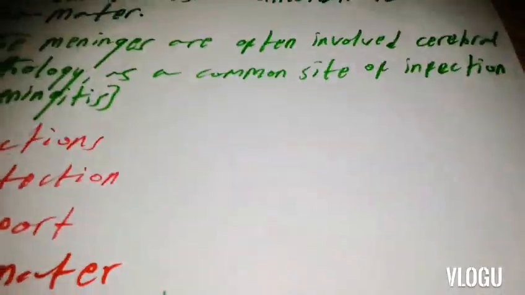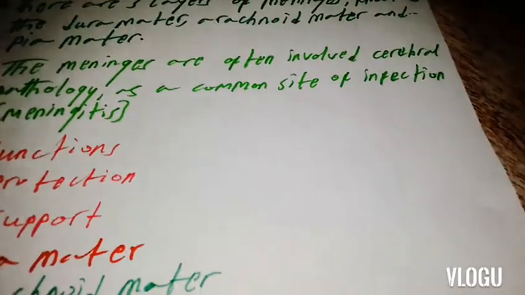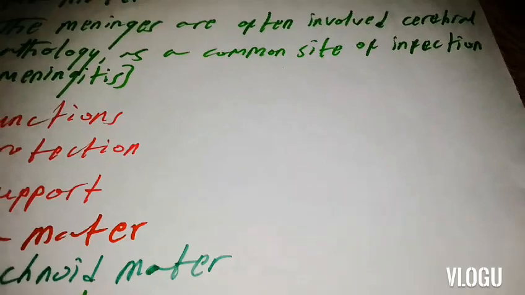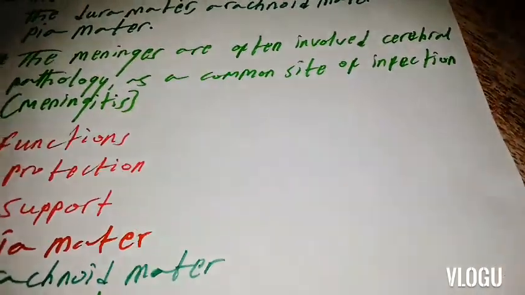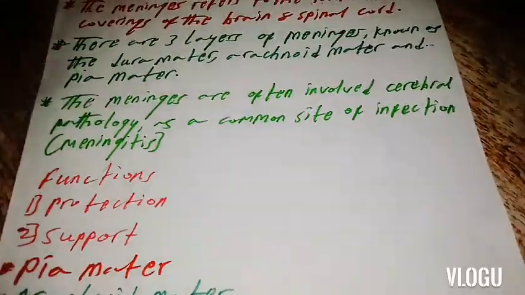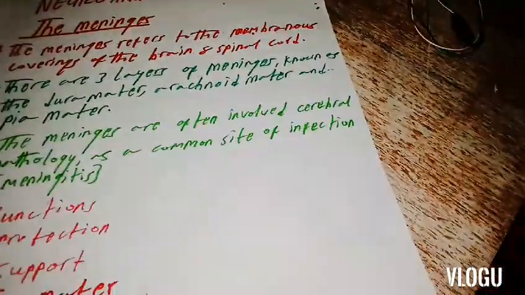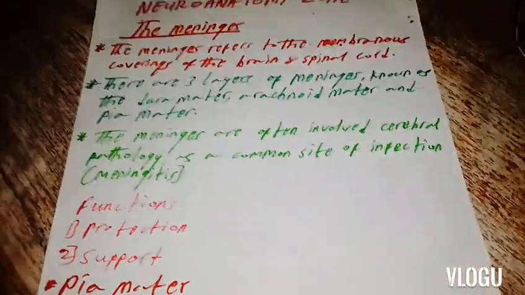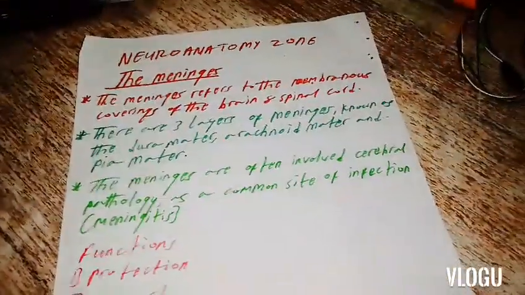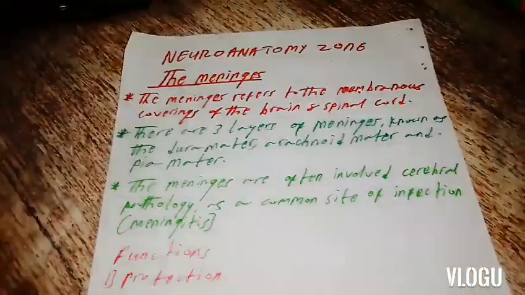It is the outermost of the meninges. One layer, the first layer of the dural matter, is attached to the endosteal layer of the cranium, and the inner layer is known as the meningeal layer. That one lies superior to the arachnoid matter.